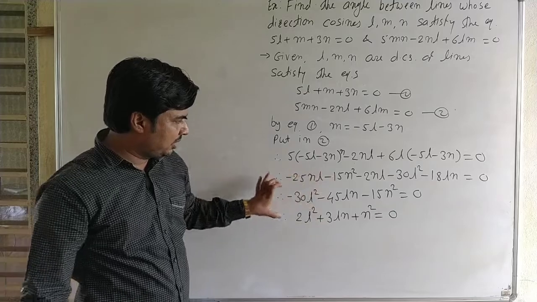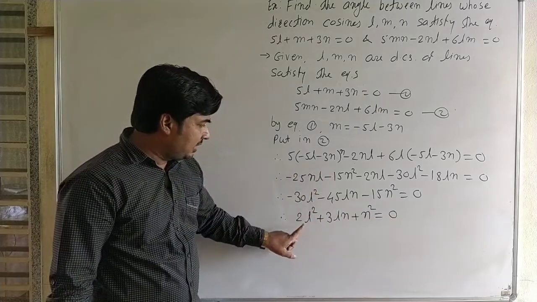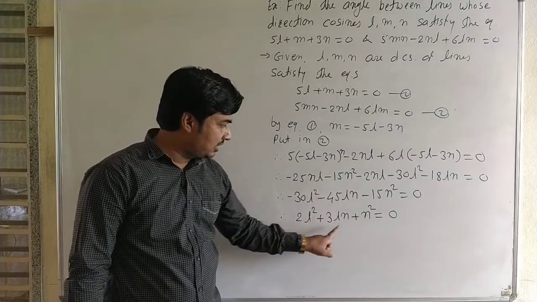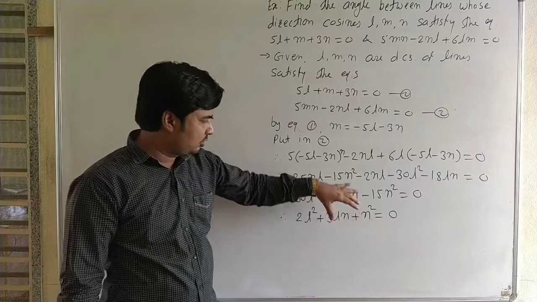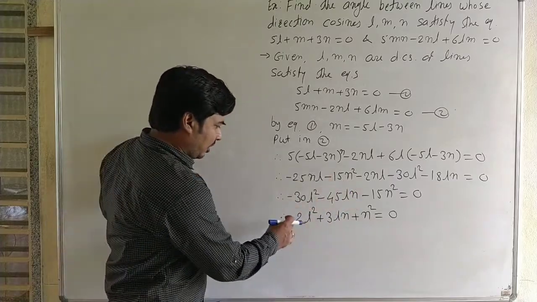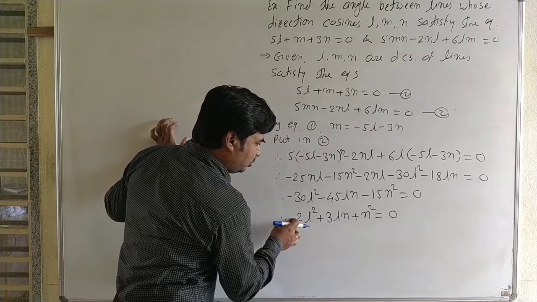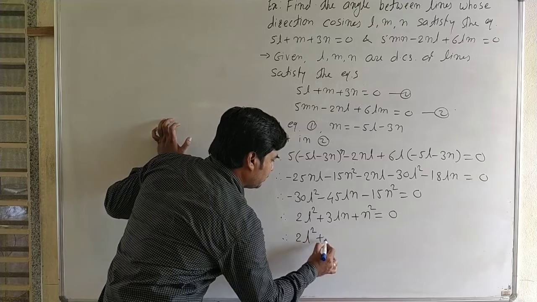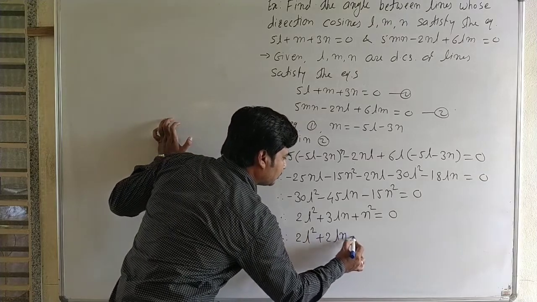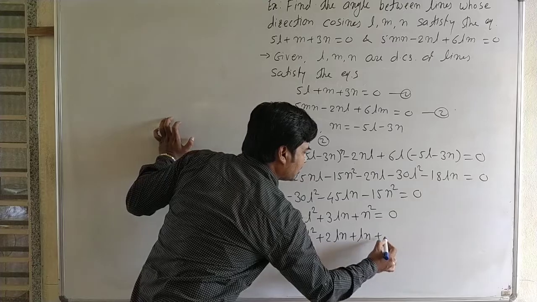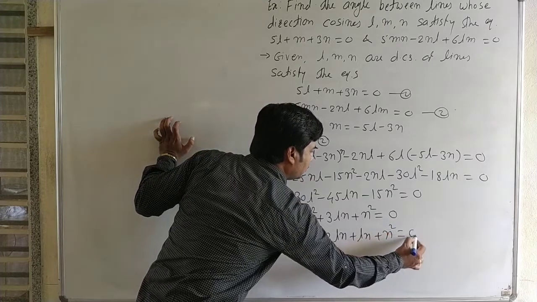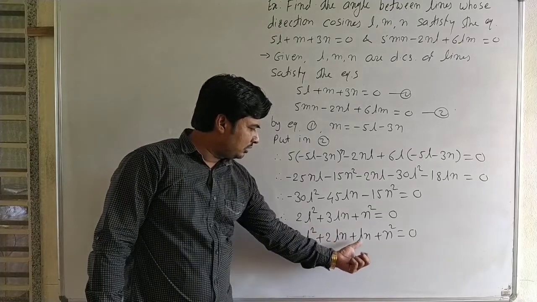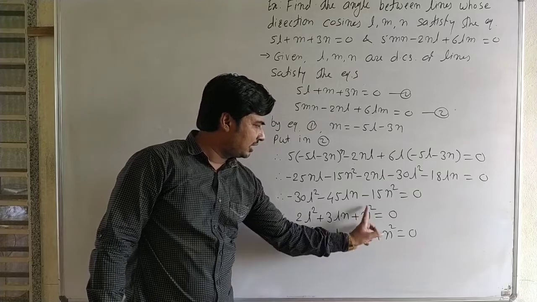It is a second degree homogeneous equation in L and N, so we can factorize it. Multiplication is 2 and addition is 3, therefore 2L square plus 2LN plus LN plus N square is equal to 0. See carefully, 2L square plus 2LN plus LN plus N square factorizes with factors 2L plus N and L plus N.